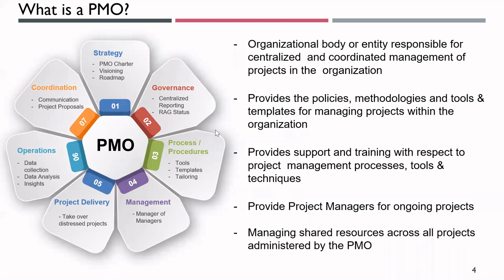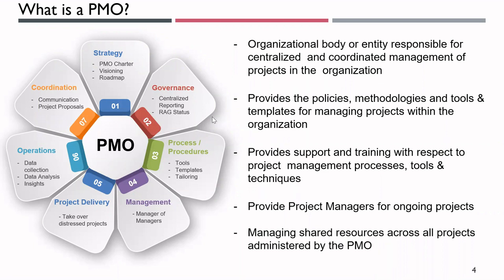Second is a clear-cut mandate from a governance perspective, that whatever PMO sends to a project manager has to be treated with utmost importance and priority. We are not a body which is just going to publish data. Yes, that is one part of it, the RAG status, what you see under the governance blade, red, amber, green status, but there is more to it. We are actually an advisory body, a consulting body.